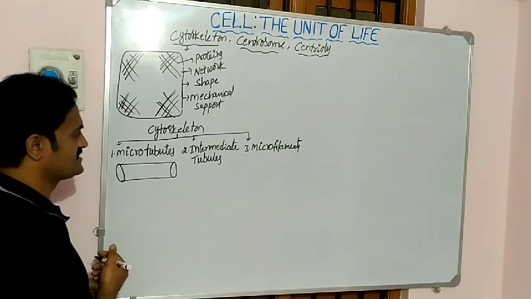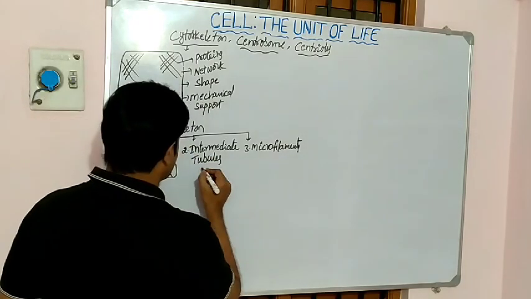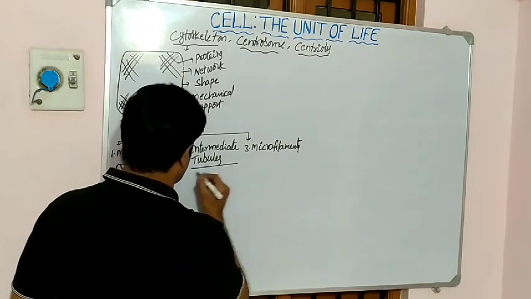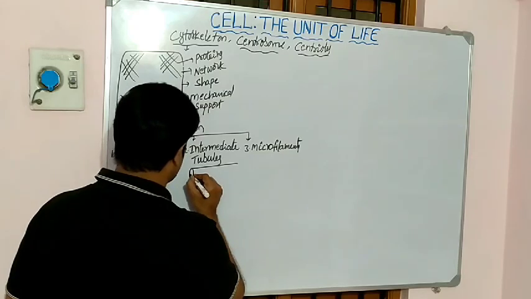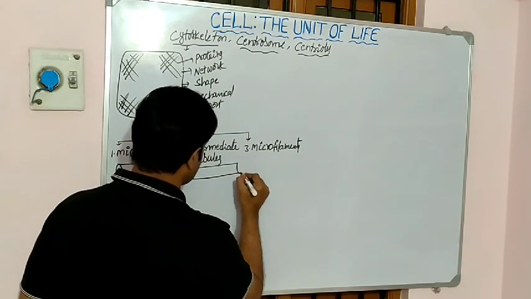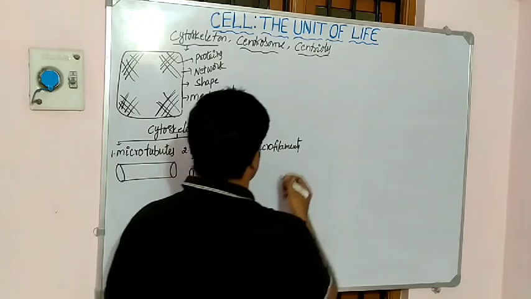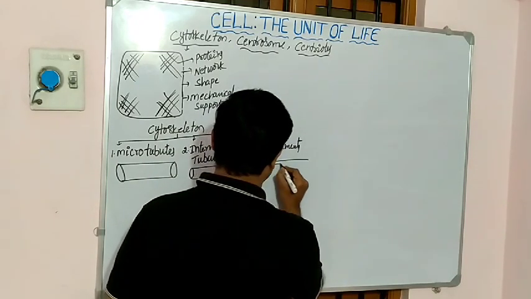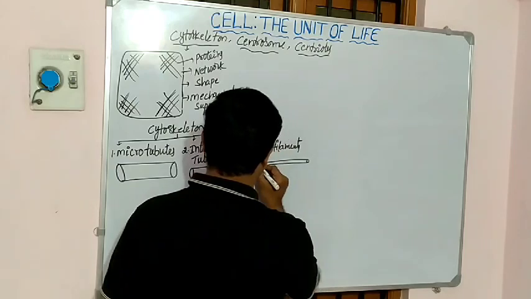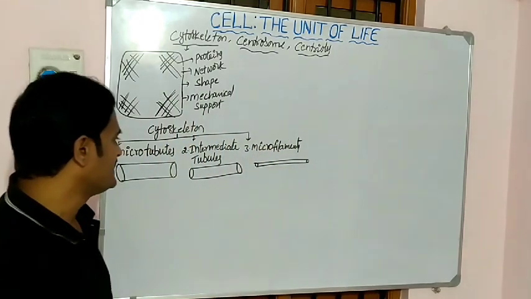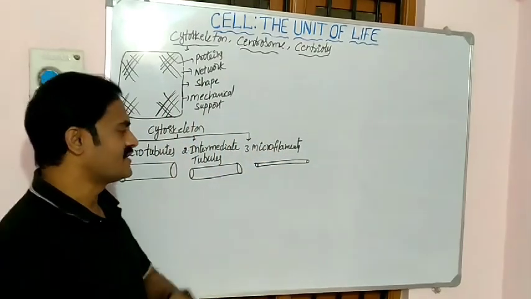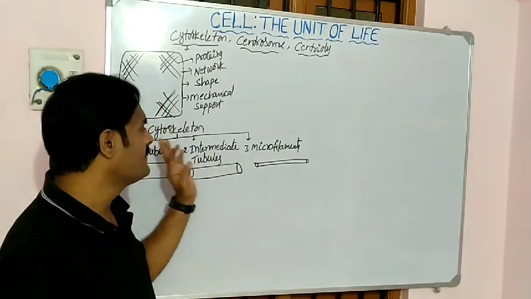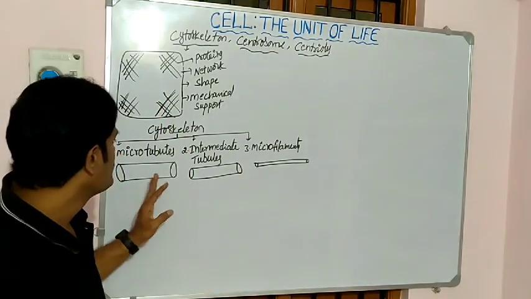And intermediate are somewhat small compared to the microtubules, like this. Then microfilaments are very thin like this. So actually this kind of arrangements are present in the cytoskeleton.